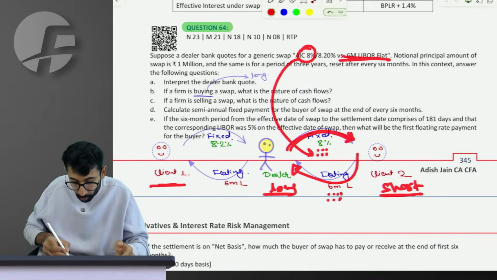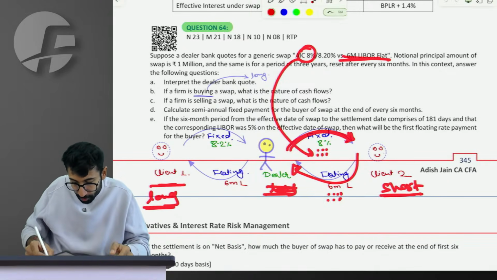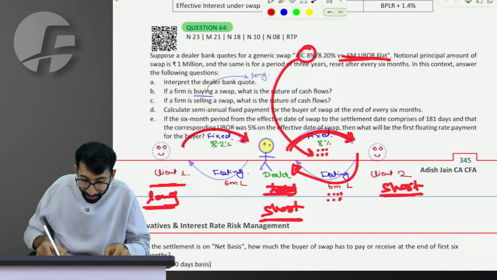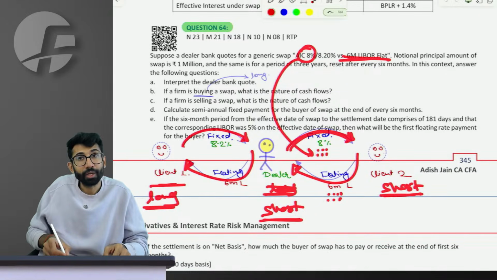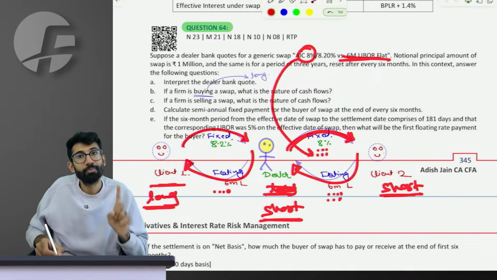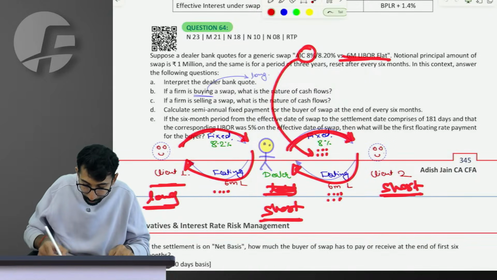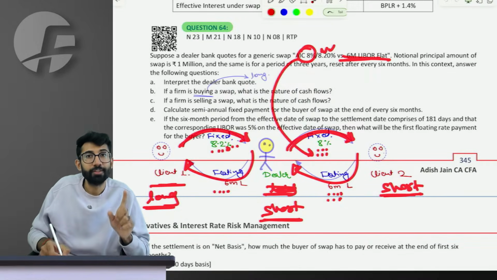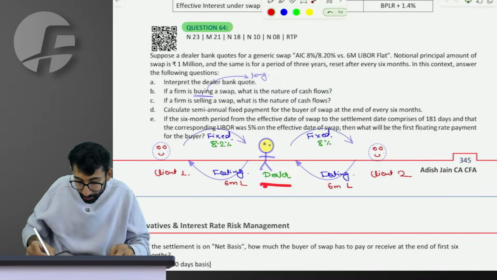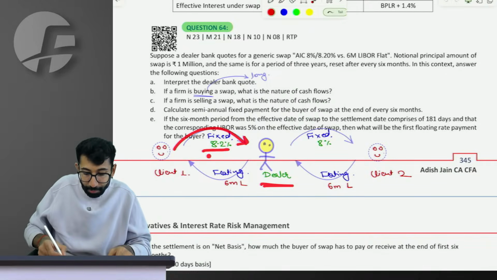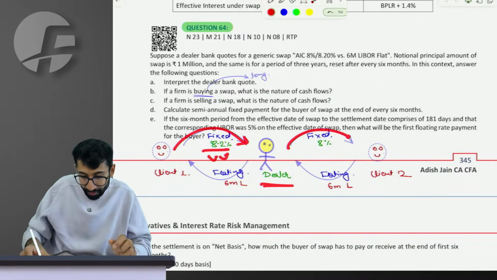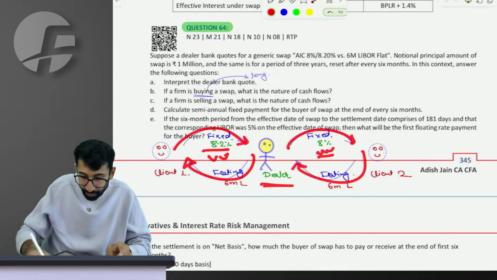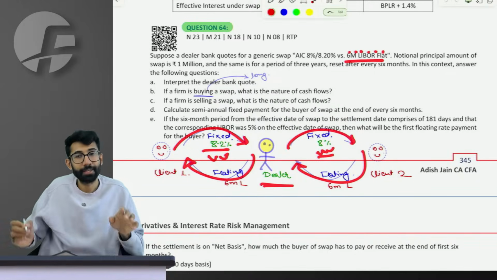Now suppose there is one more client who wants to take a long position and the dealer is taking a short position, which means the client will pay fixed and the dealer will pay floating. So the dealer will pay 6-month LIBOR flat, but the party will have to pay the dealer 8.2 as fixed. Meaning, when the dealer receives from any party he will receive 8.2 fixed, but when he pays to any party he will pay 8 fixed. In both cases, the floating leg will be 6-month LIBOR flat.